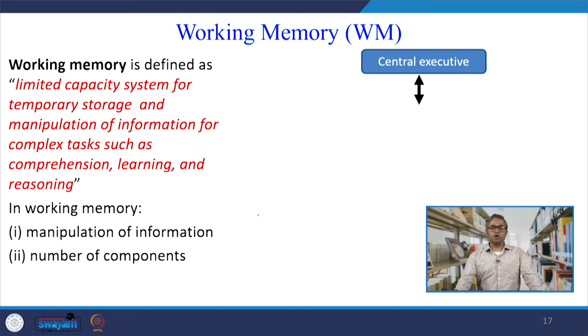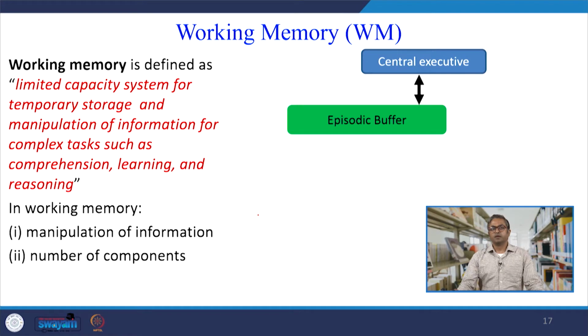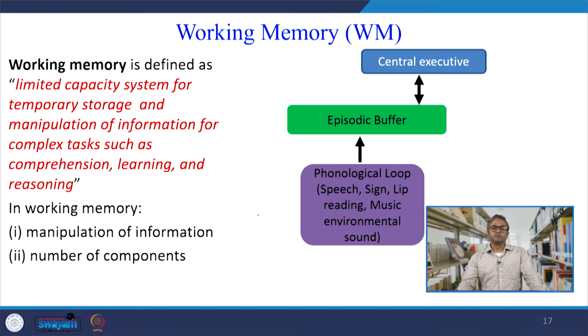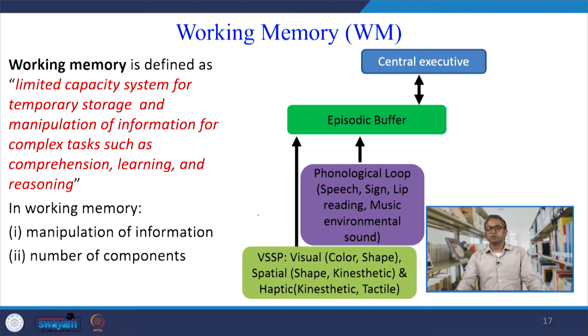Let us see the components involved in working memory. First component is the central executive system. Second is the episodic buffer. Third is the phonological loop. And fourth is the visual spatial sketchpad, VSSP.